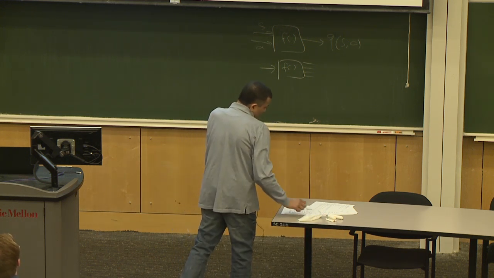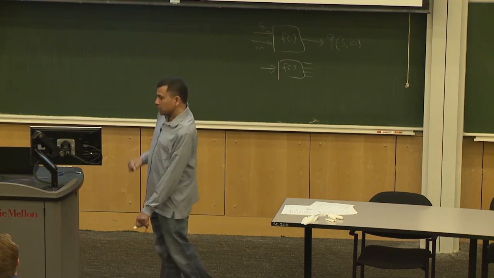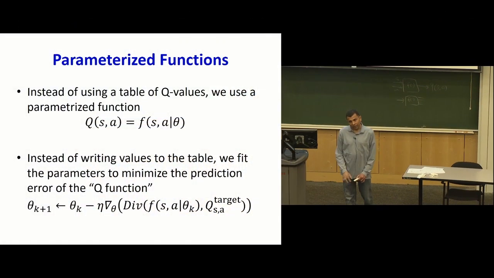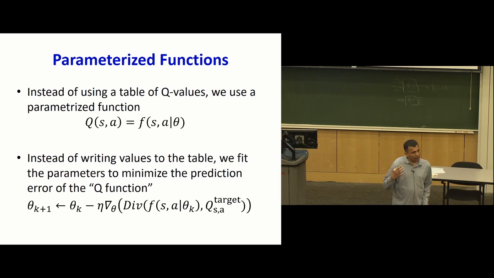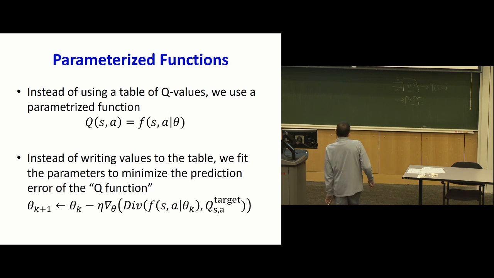And if I do this, this function is going to be parametric. So this function could be anything. And instead of learning the action values for every state action combination, I'm simply going to learn the parameters of this function.